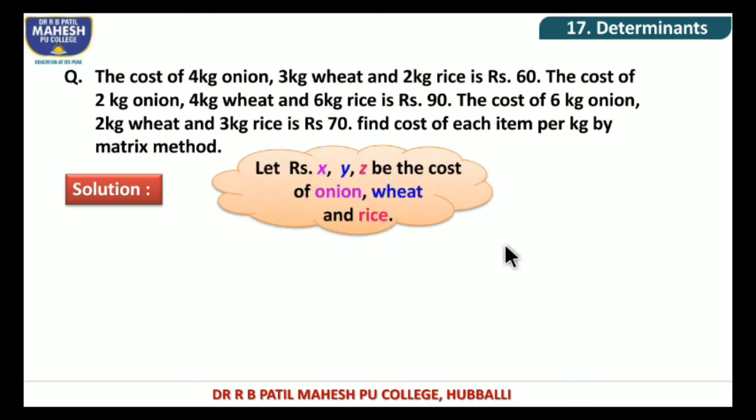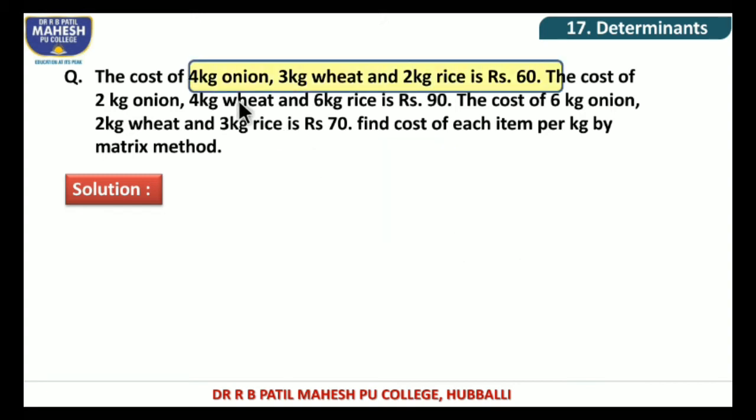Let us consider x, y, z be the cost of onion, wheat and rice per kg. Now first we should write the statement in mathematical form. Consider the first statement. We have to write it as 4x plus 3y plus 2z is equal to 60.